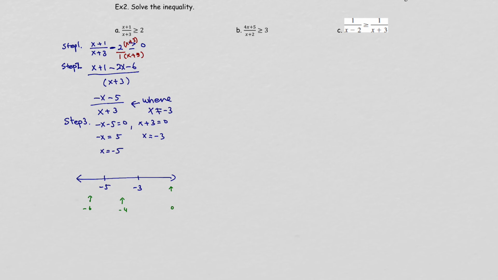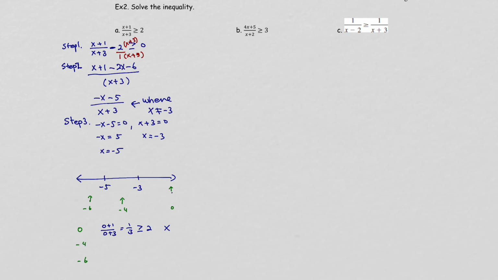I will try the ones with easy numbers, which is 0, negative 4, negative 6. And when we try 0, it will be 0 plus 1 over 0 plus 3. That's 1/3. Is that greater than or equal to 2? No, not really. That's smaller.